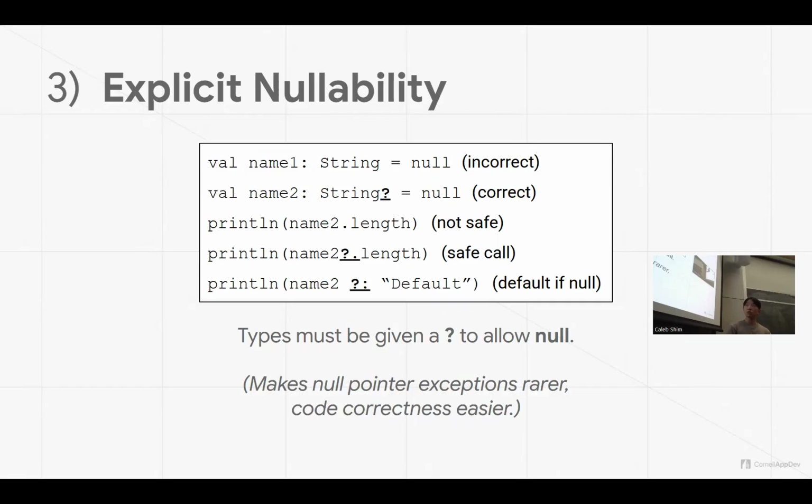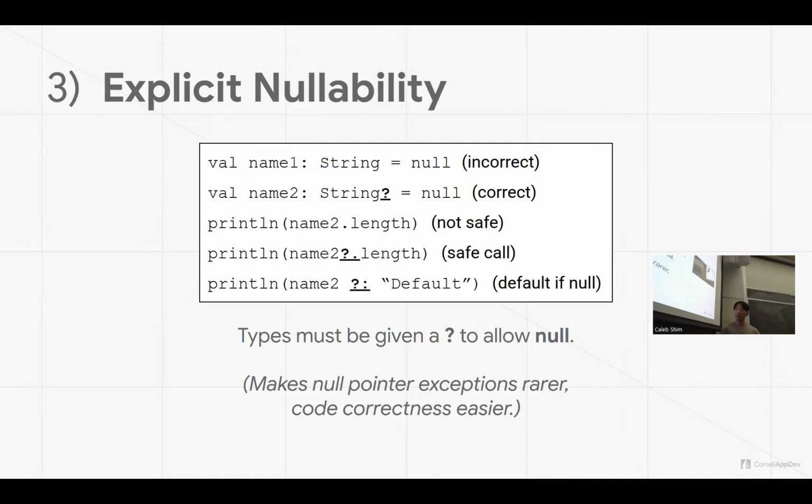So what we have to do is use a safe call. A safe call is essentially the question mark and then dot. What that entails is if name2 is not null, then we access its length. But what happens if it's null? Then the whole thing just returns null. So essentially, it's equivalent to: if name2 is not null, then name2.length, else null.